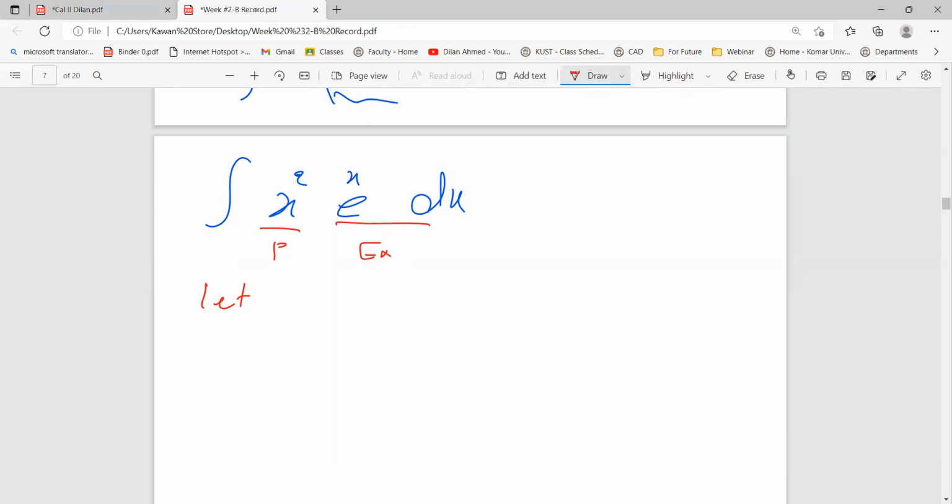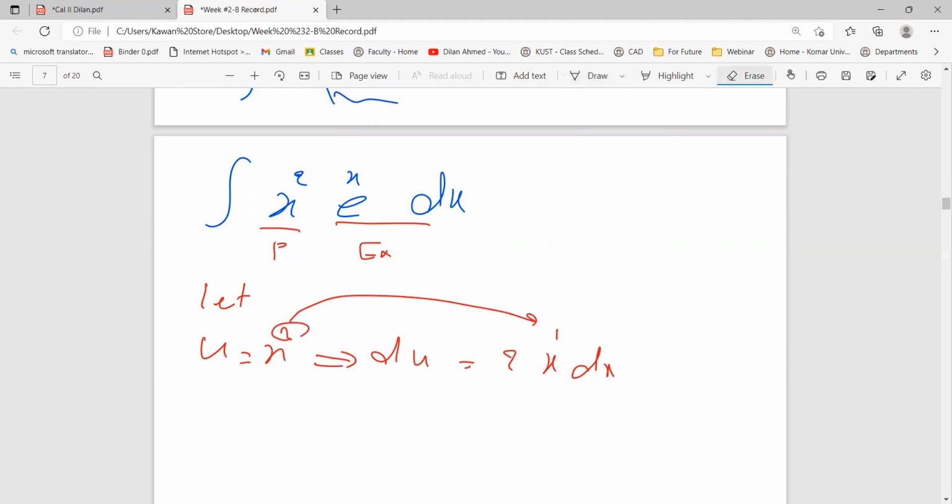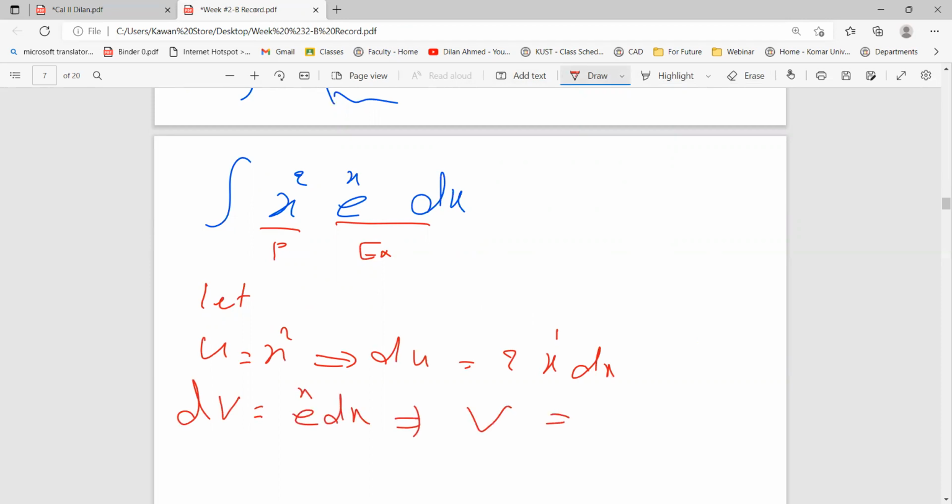Because we choose something whose degree is reduced after the derivative, from square to linear. That's why. How about dv? So v will be what?